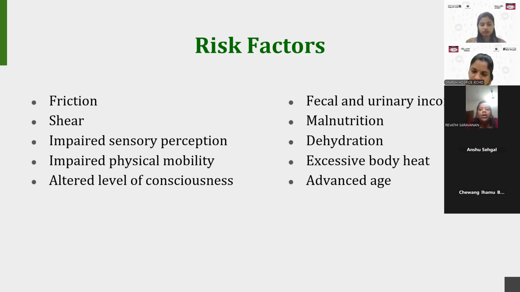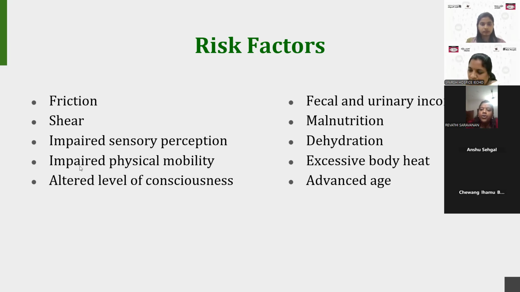Then malnutrition, then dehydration, lack of water intake, then excessive body heat. Excessive body heat also happens because there is no air circulation in the area and no proper sanitation, which causes heat in the particular room, particular bed.